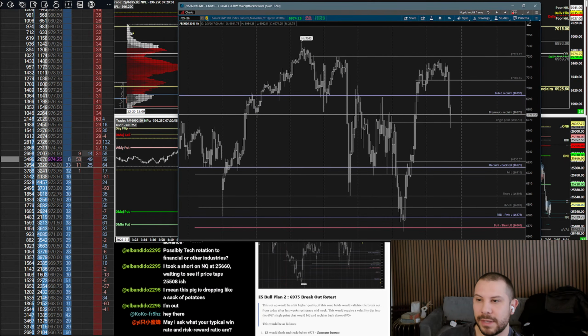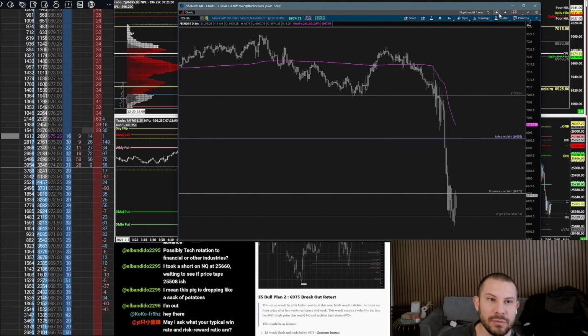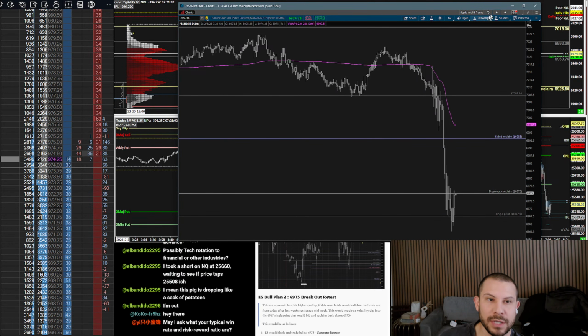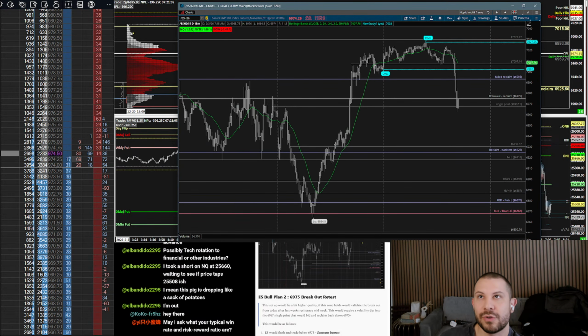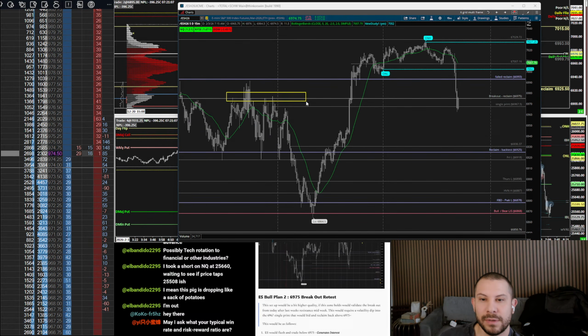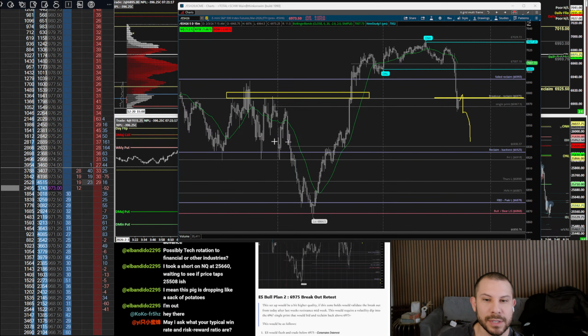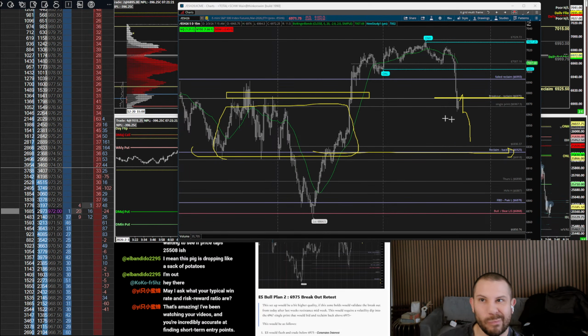So the amount of delta you're seeing and the lack of reward so far, who knows if this is going to change. But the fact that they're trying so hard to break above here and the amount of failures we've had, this is, as far as I can see, a potential pop and then fail and then come back inside this range again. This whole range. So we'll see.